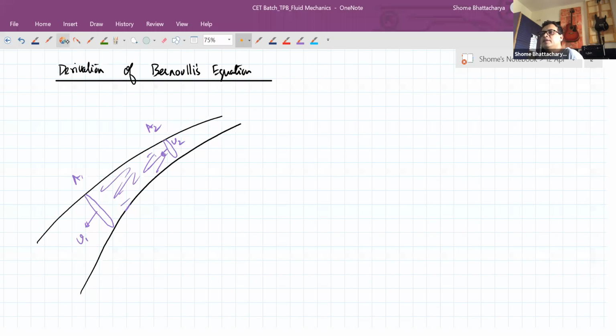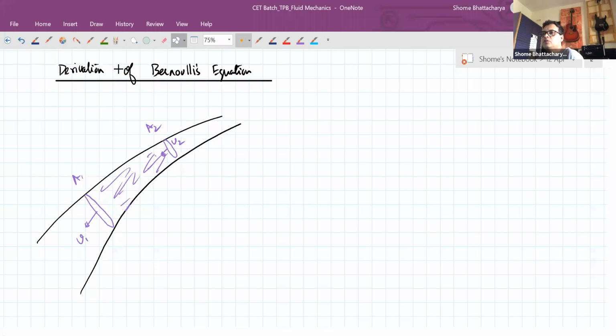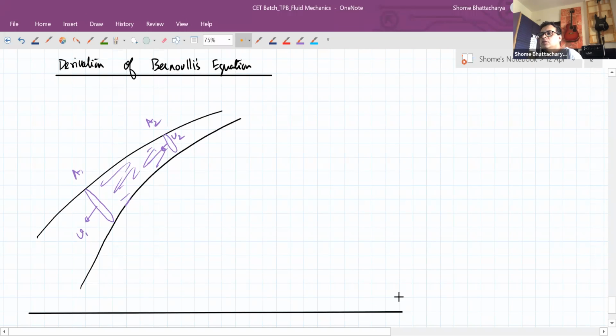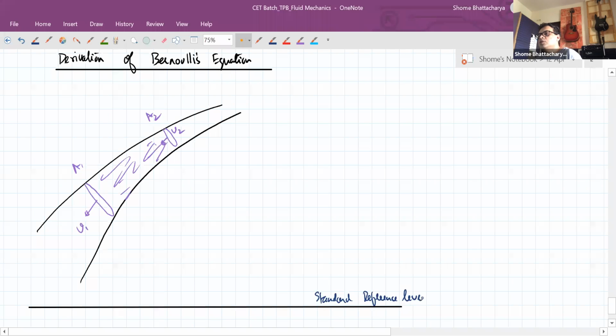In the earlier diagram, we might have interchanged A1, A2, but it doesn't make a difference. Whichever cross section we call A1 and whichever cross section we call A2. Now, from a certain standard reference level, which is some horizontal plane, this area is at a height of H1, and this cross section is at a height of H2.